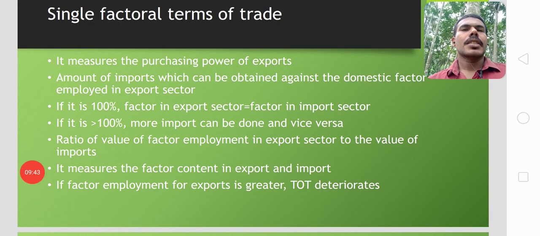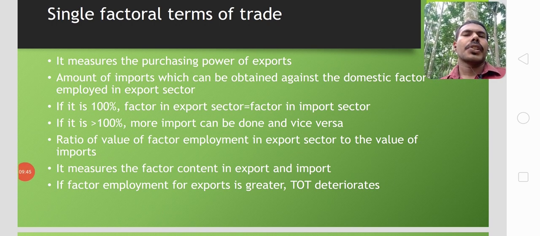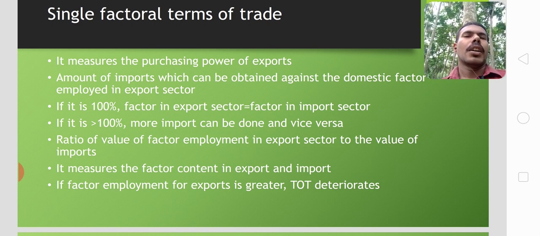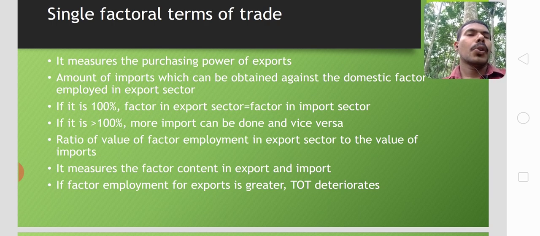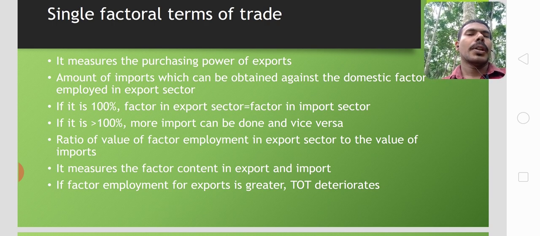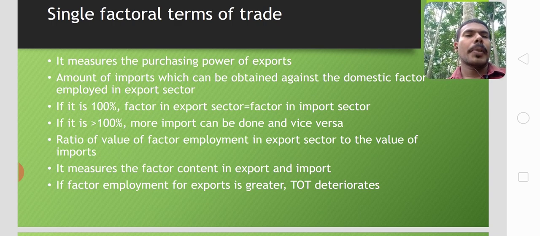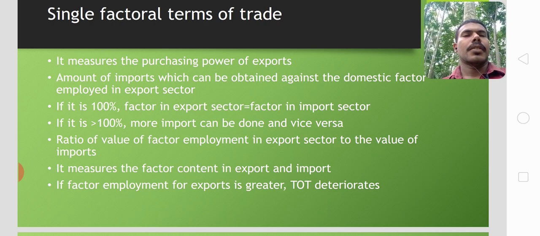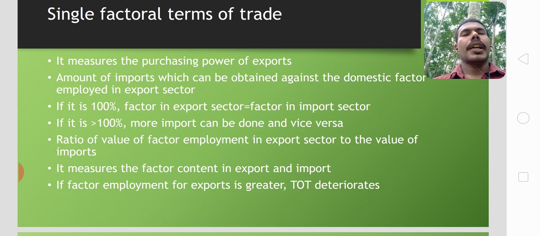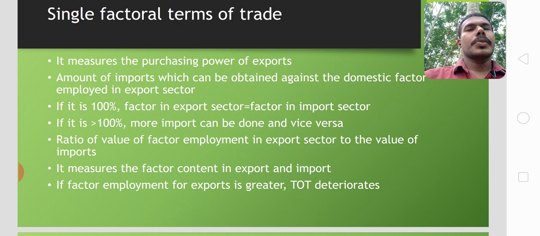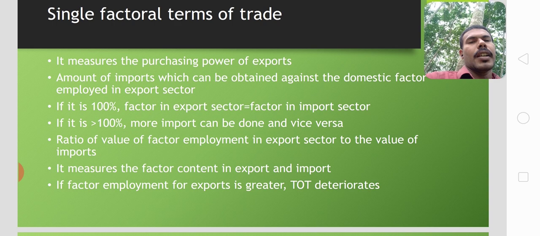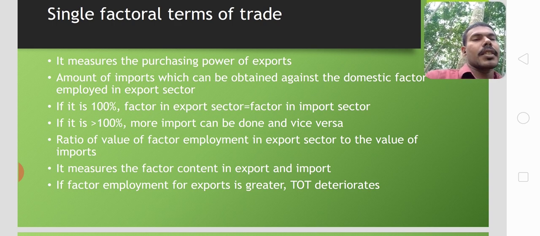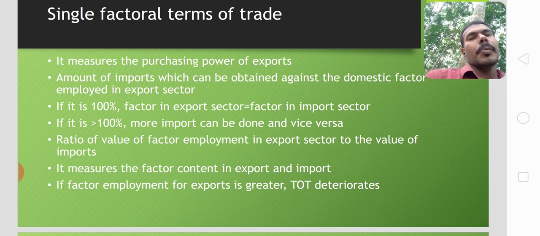In other words, single factorial terms of trade of a nation is the ratio of the value of factor employment in the export sector to the import value. That means the value of single factorial terms of trade is equal to the total value of factors in the export sector divided by the value of import.